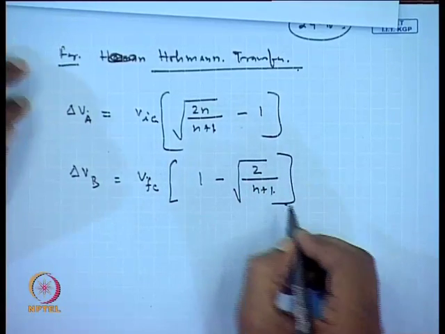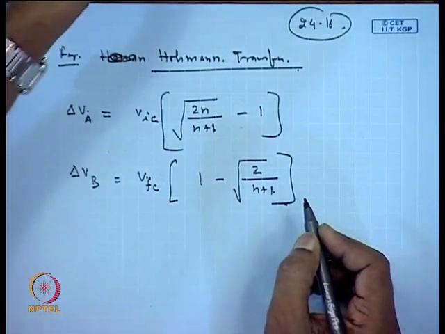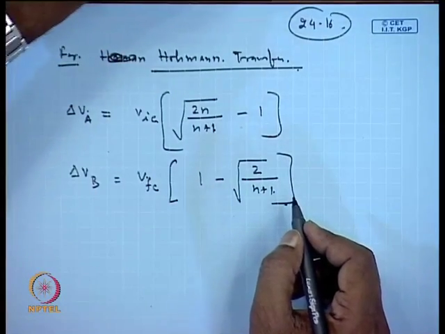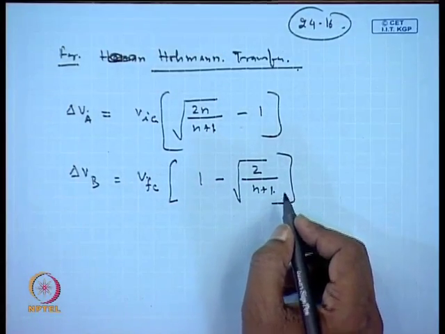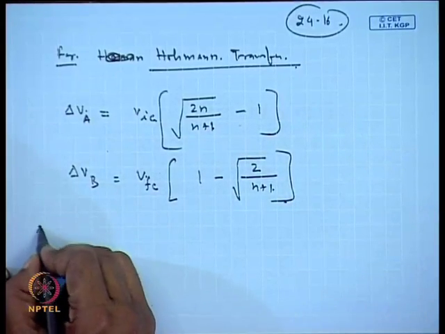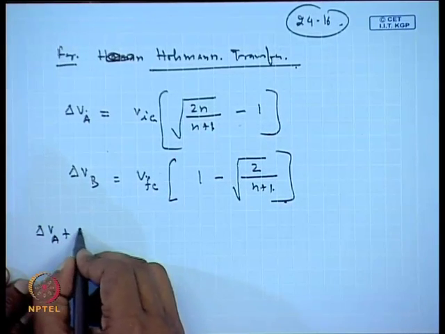Starting with these two equations, therefore, delta V_A plus delta V_B.